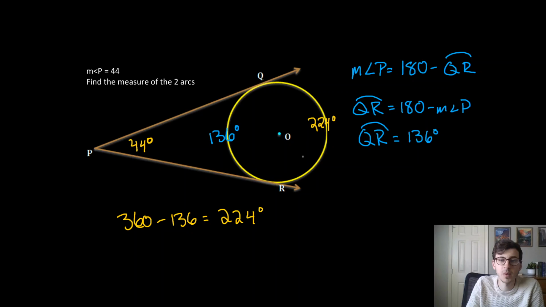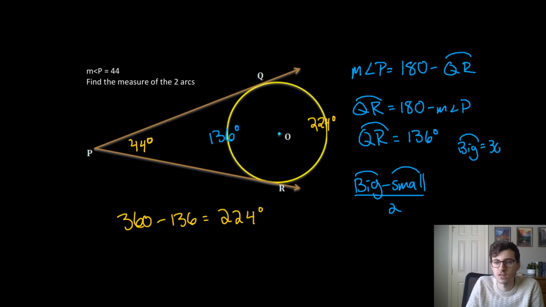Now, if you didn't remember, and you just remembered that this was big minus small divided by 2, you could still find it if you just remember that the big arc is equal to 360 minus the small arc. And you could still find all of that.